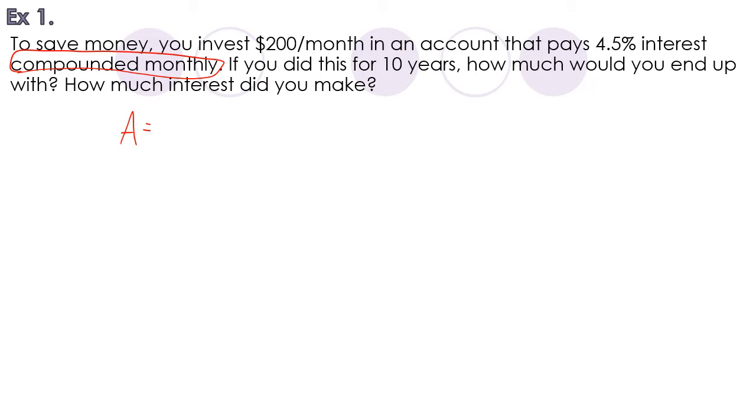My payment right there, PMT, $200. 1 plus my interest rate right there. Don't forget, convert it to a decimal, 0.045 over C. Monthly, there's my C value, 12. Now I'm gonna skip a step here. C times T. Okay, so maybe I'll make a little note here.